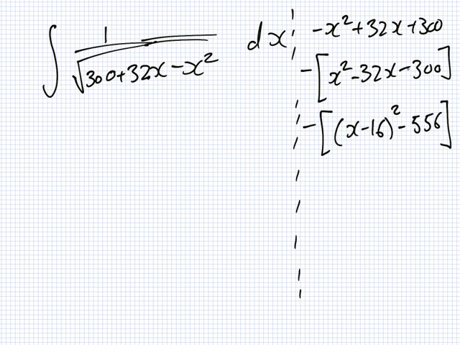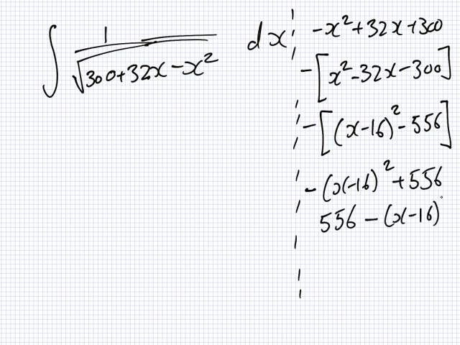What is minus 300 minus 256? Oh, minus 300. No, it's 556. So that equals minus x minus 16 squared plus 556, which is 556 minus x minus 16 squared.